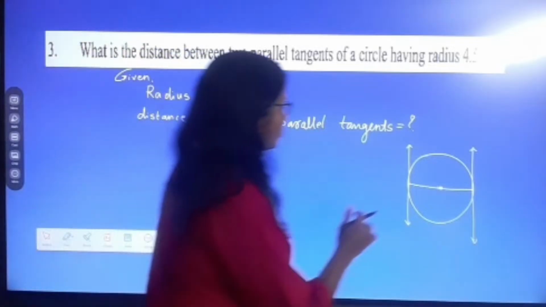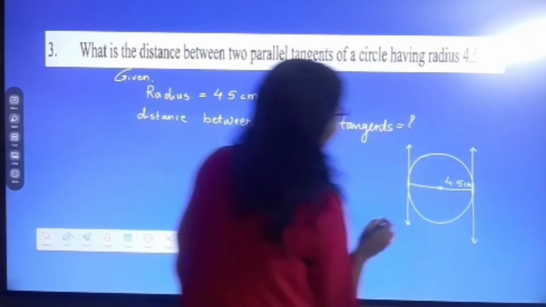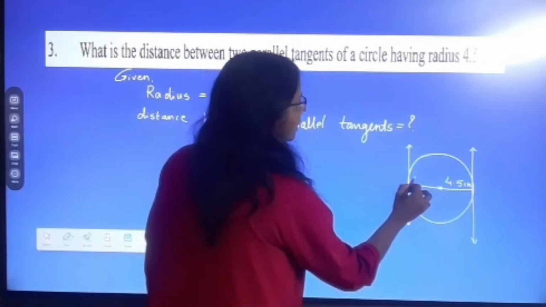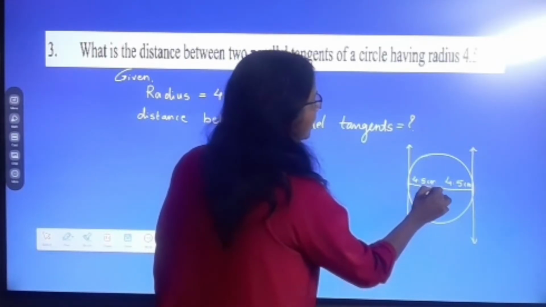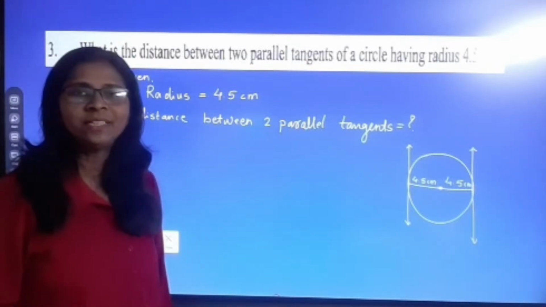Okay, so now here students, the radius is 4.5 centimeter, and the double of the radius is nothing but the diameter.